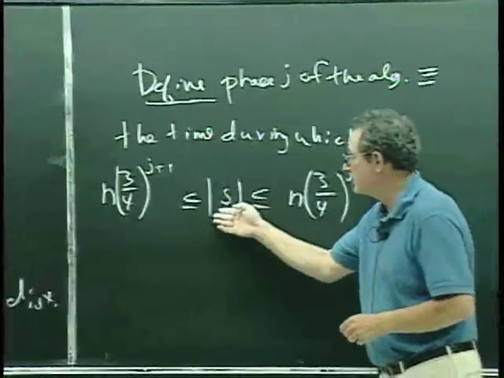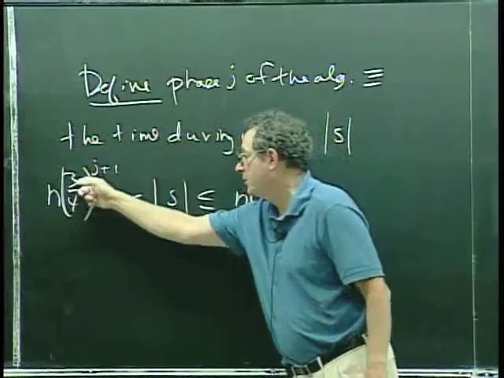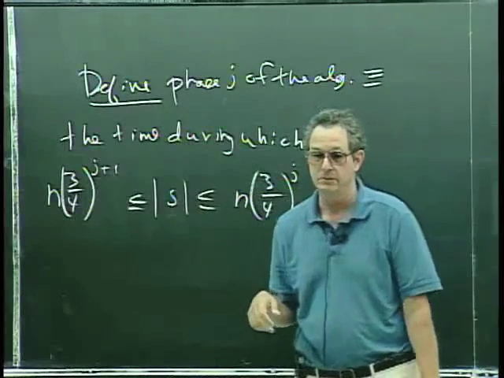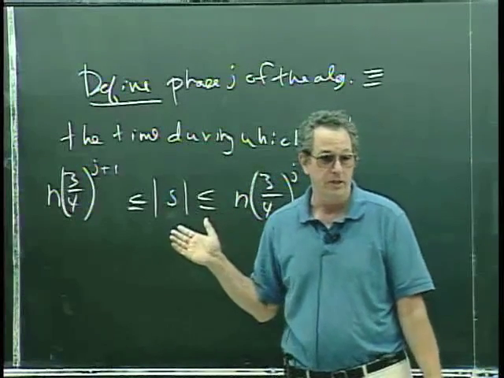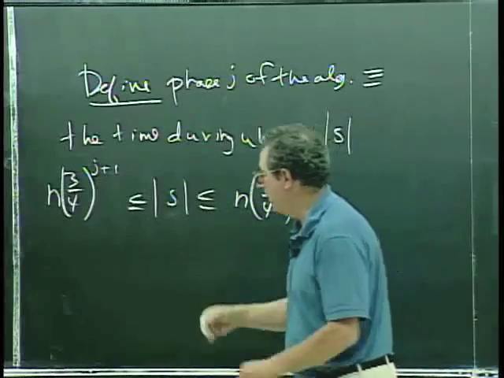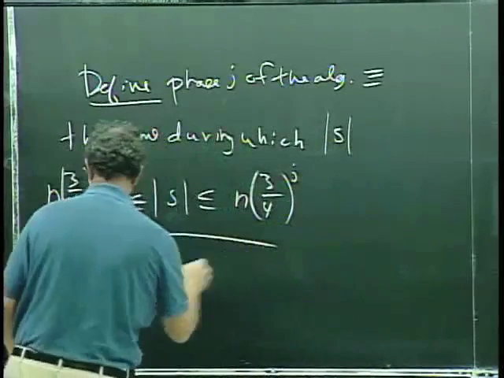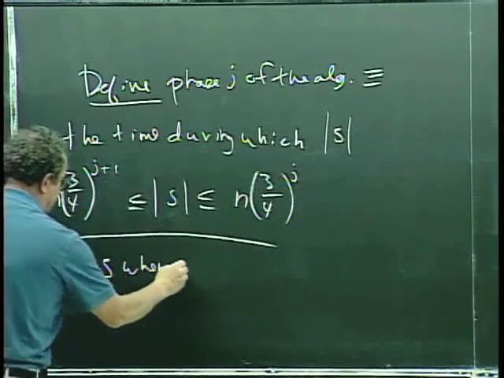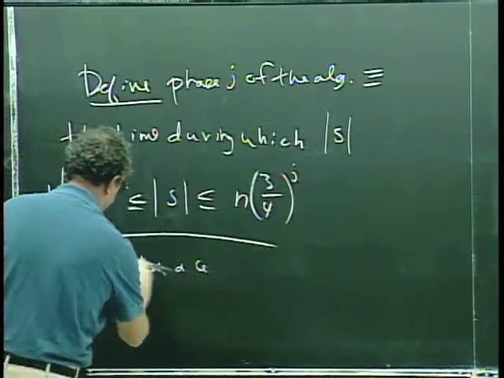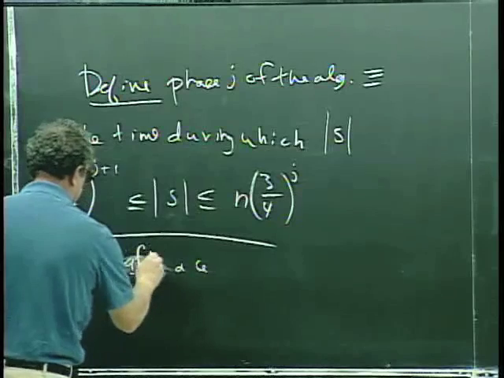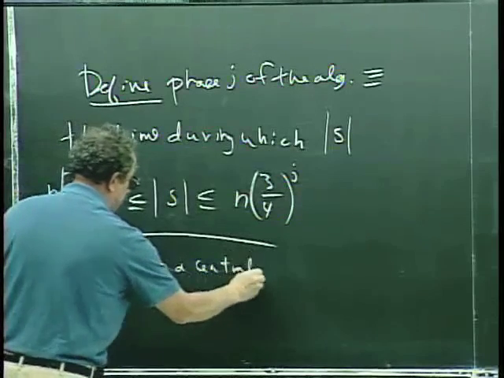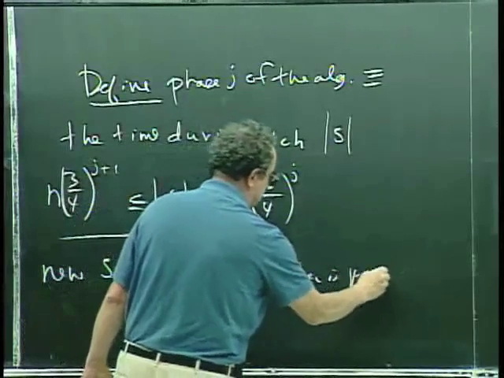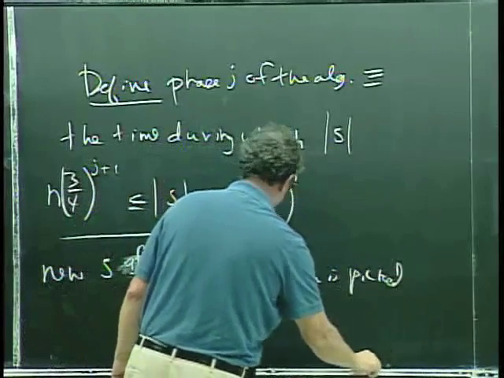Well, here S was between n to the 3/4 J plus 1 and n to the 3/4 J. It's in that range. Okay? Now we know that the new S, after a central splitter is picked, how big can it be?